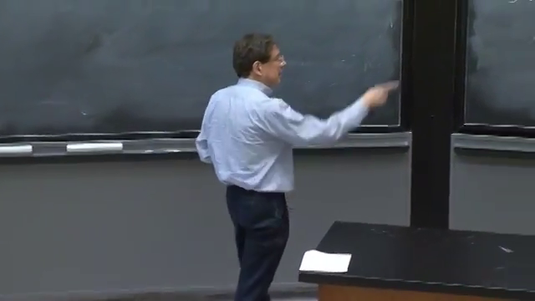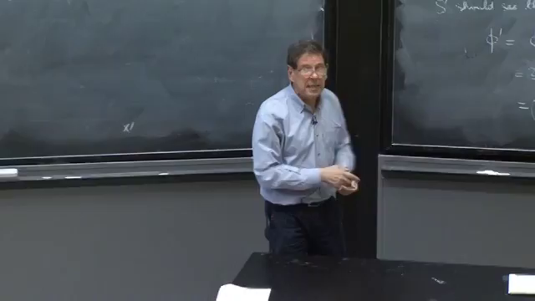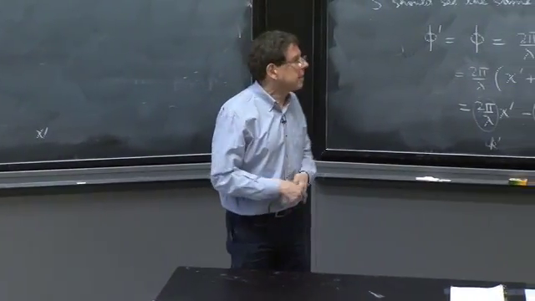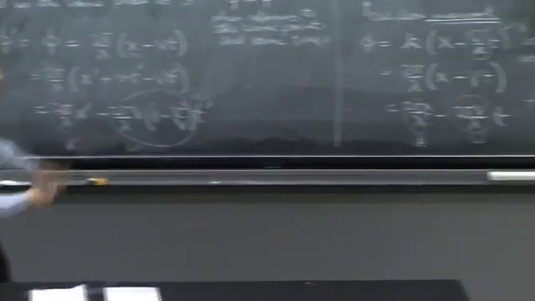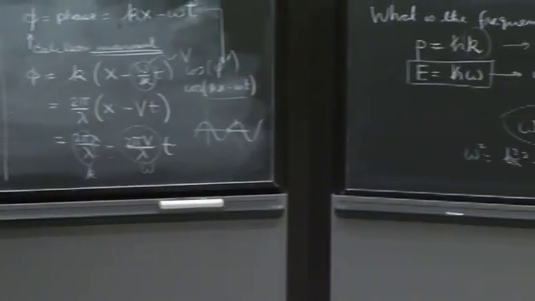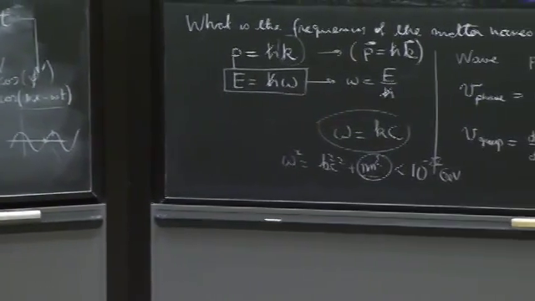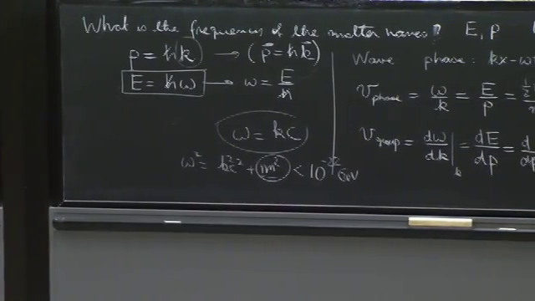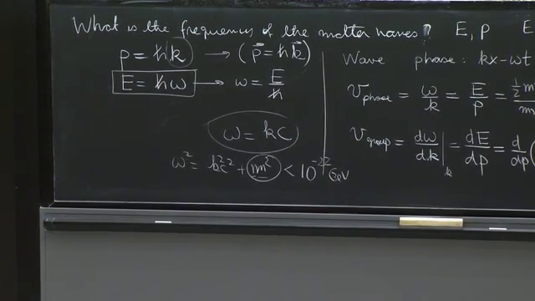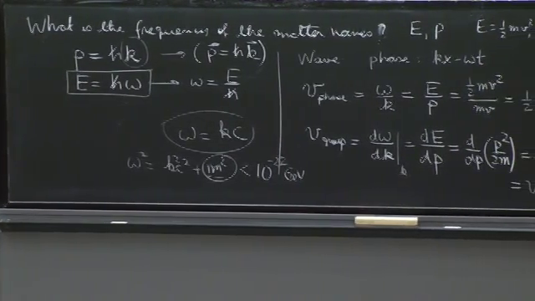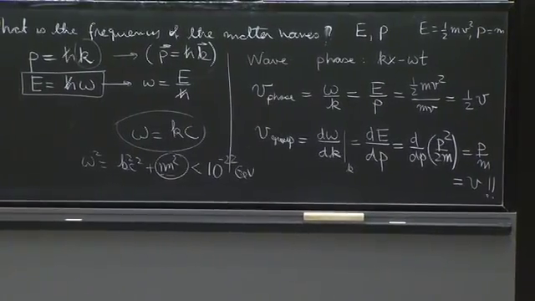It may be as simple as omega equal to kc, but it may be more complicated. In fact, different waves have different relations. In mechanics, omega would be proportional to k squared. As you've seen, the energy is proportional to p squared. So omega would be proportional to k squared. So in general, you have an omega of k.